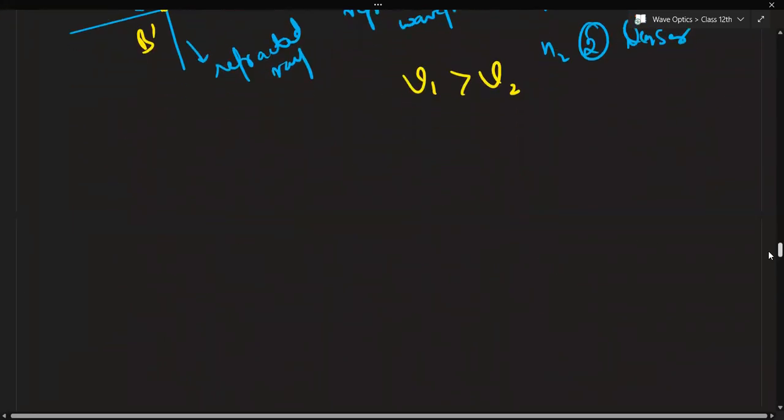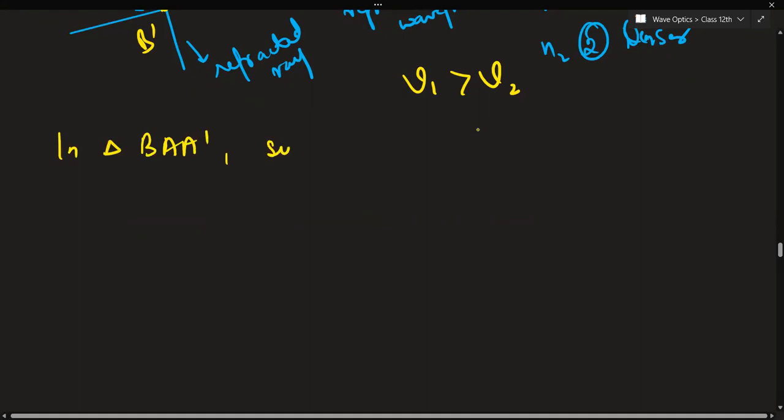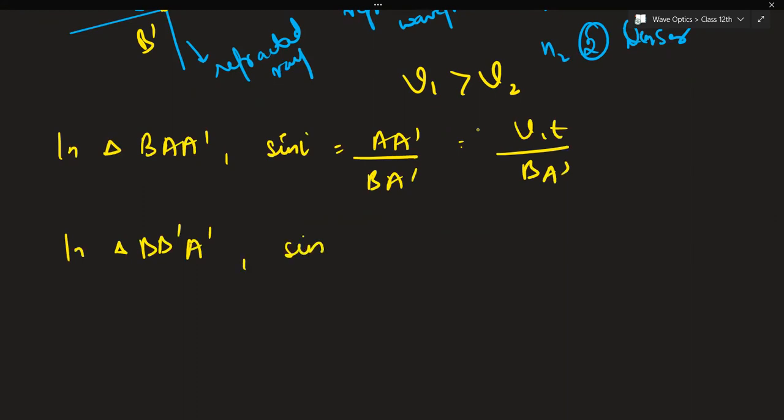In the triangle, sine I was equal to A dash by B A dash, which was equal to V1T by B A dash. Similarly, in triangle B dash A dash, sine R was equal to B dash by B A dash, which was equal to V2T by B A dash.